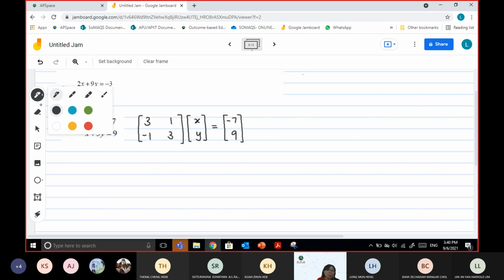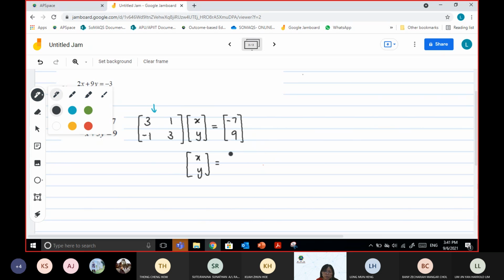Now how do we actually solve these unknowns using the inverse matrix? Since we would like to find the values of x, y, I need to move the matrix of 3, 1, -1, 3 to the right hand side.